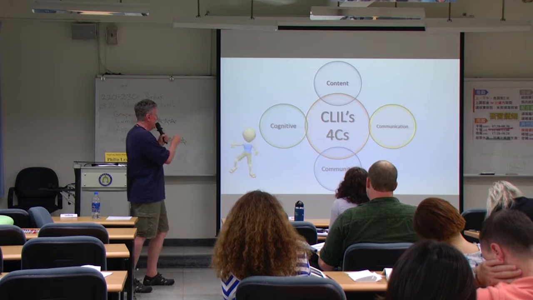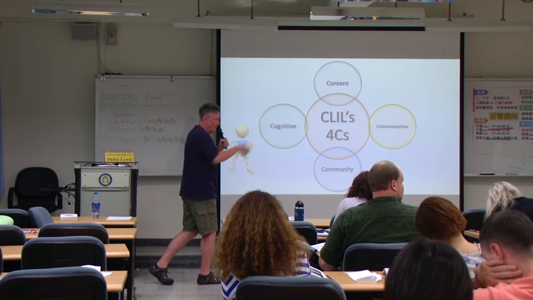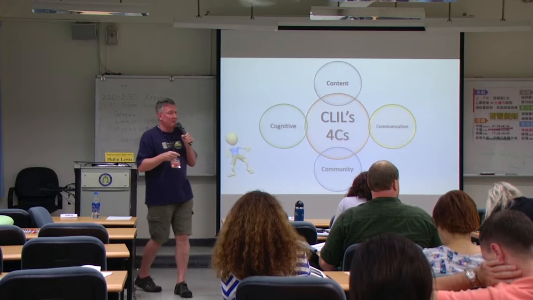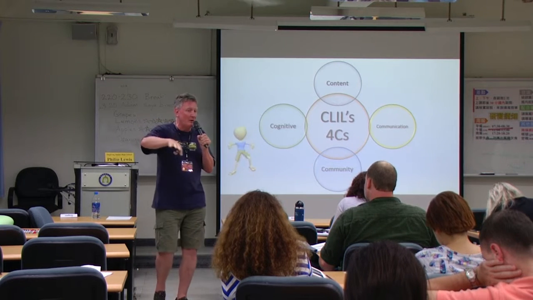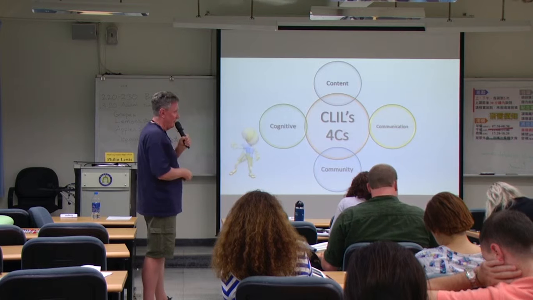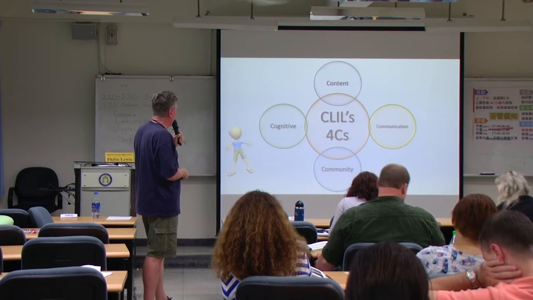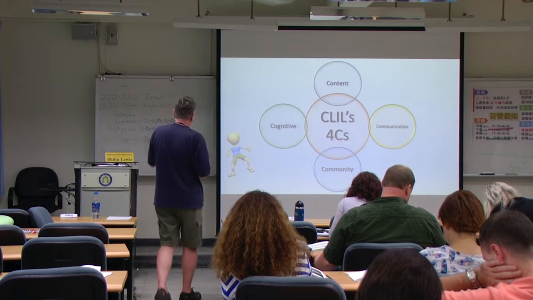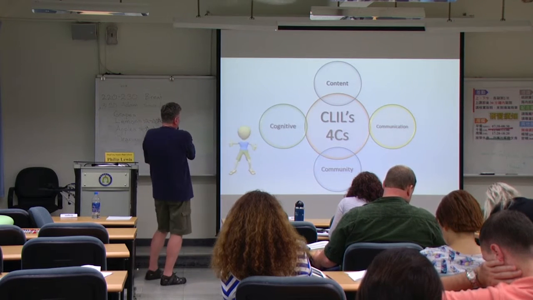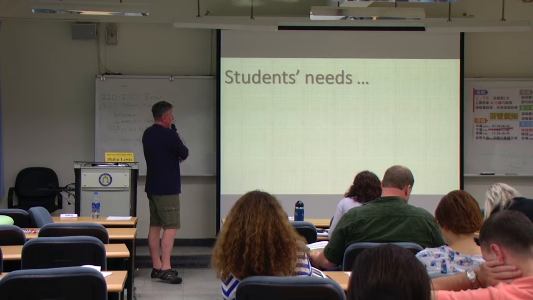So the cognitive is about the level of learning. And it would be unacceptable if CLIL is lower than the student's level of learning. So we always have to try and apply it a little bit higher than where they currently are. Right? Okay, so that's your conceptual framework.